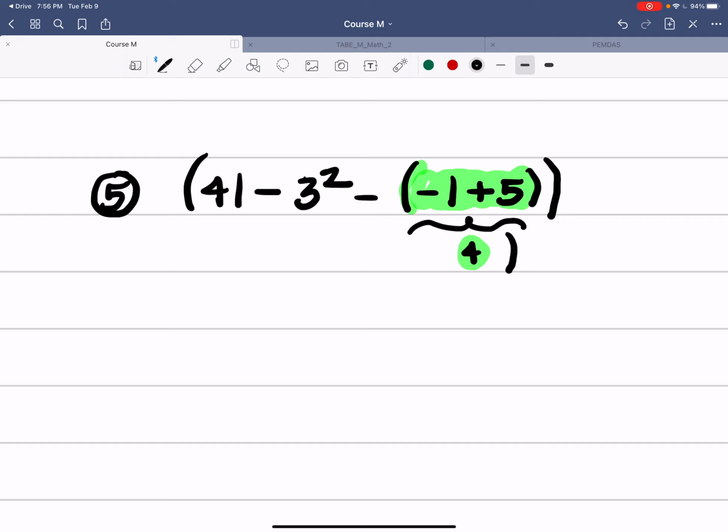Copy. You still have this big set of parentheses. Within this big set of parentheses, I would need to deal with that exponent next. 3 times 3 is 9. And copy.